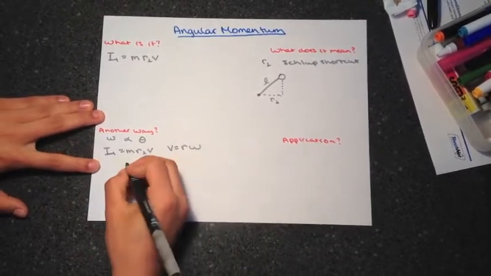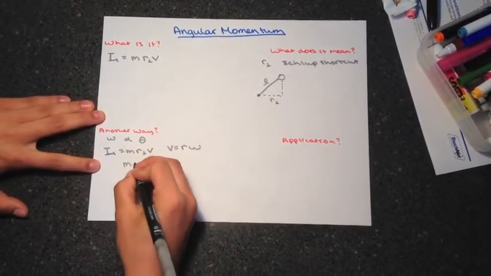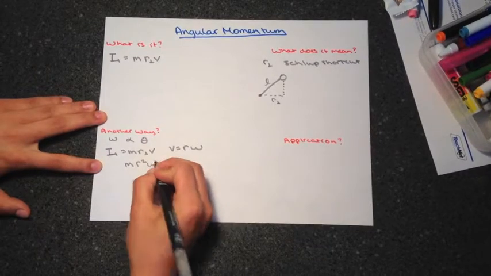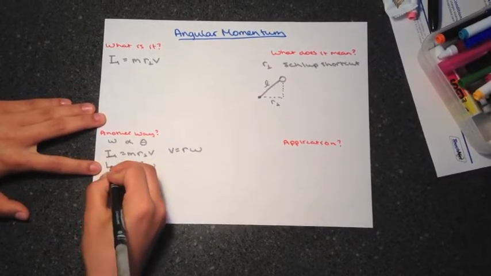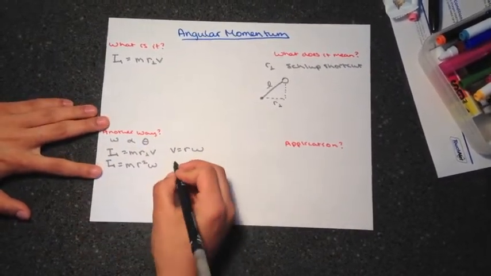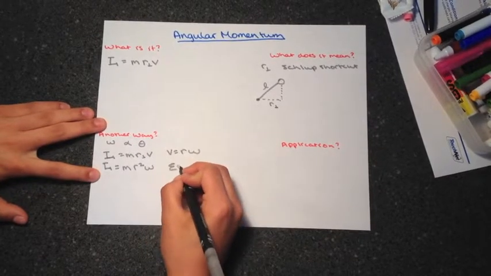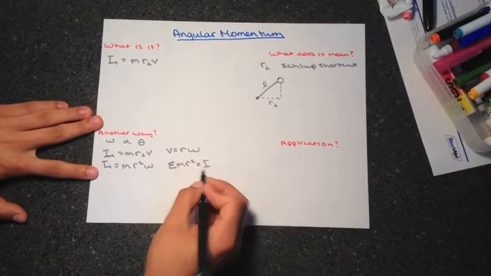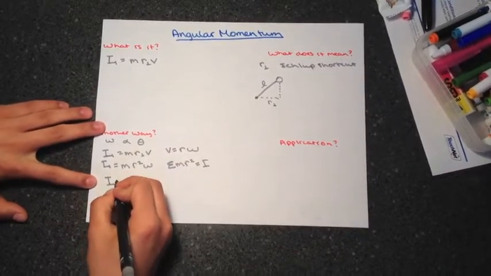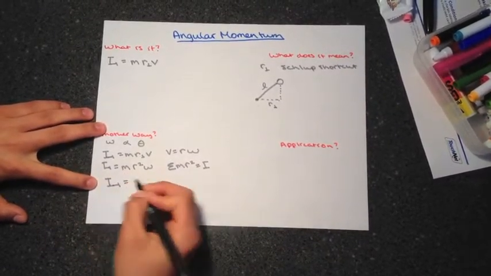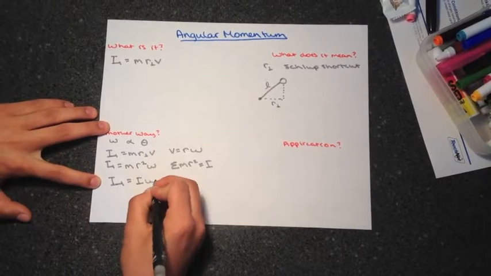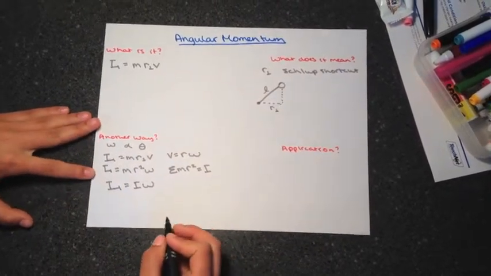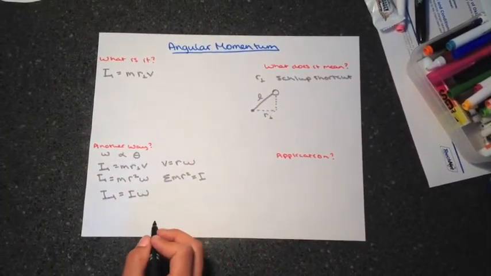So if we plug that in, we get m r squared omega equal to L. And we also know that the summation of m r squared is equal to I. So if we plug that in, we're left with L equal to I omega, which would be definitely more convenient in certain types of problems.